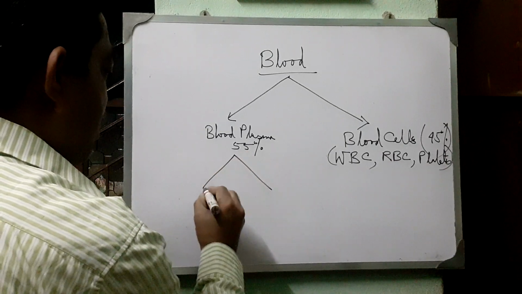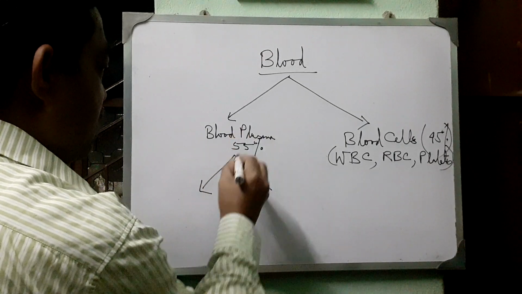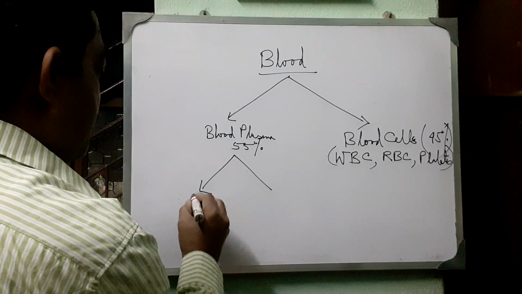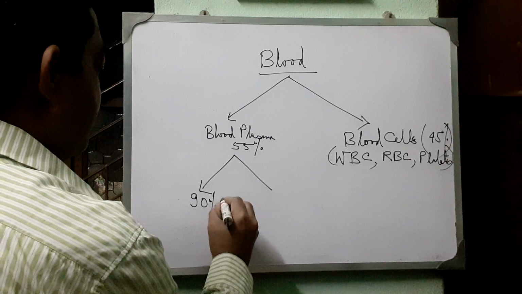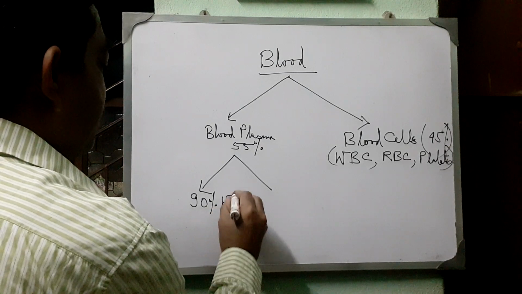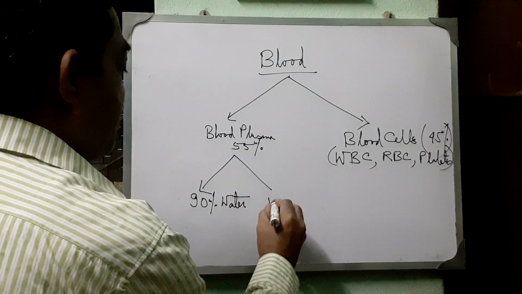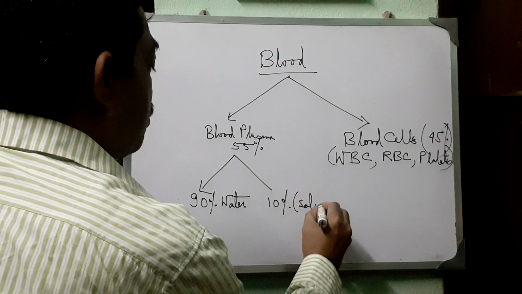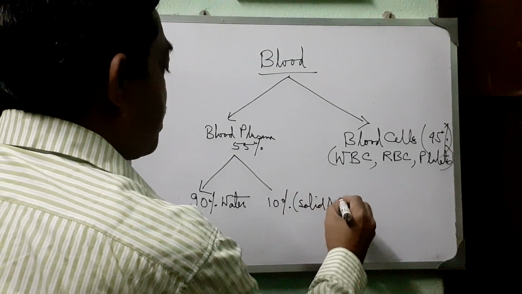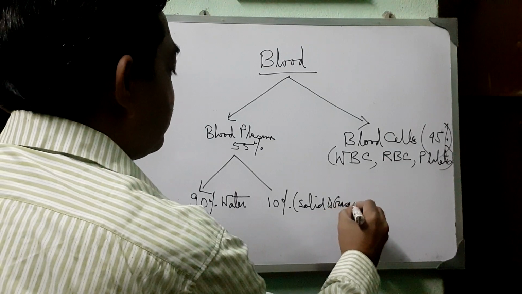in the blood plasma, 90% is water, and 10% is other solid and gaseous material.